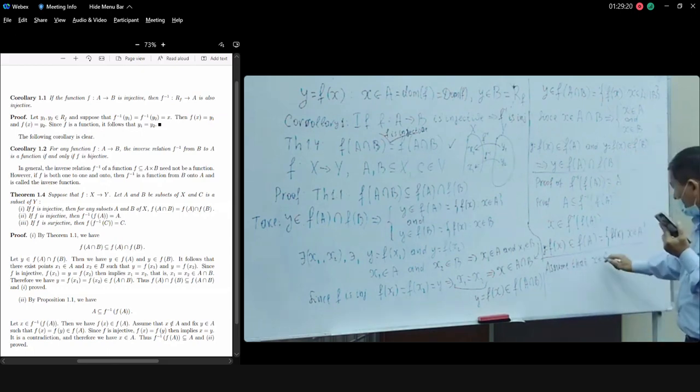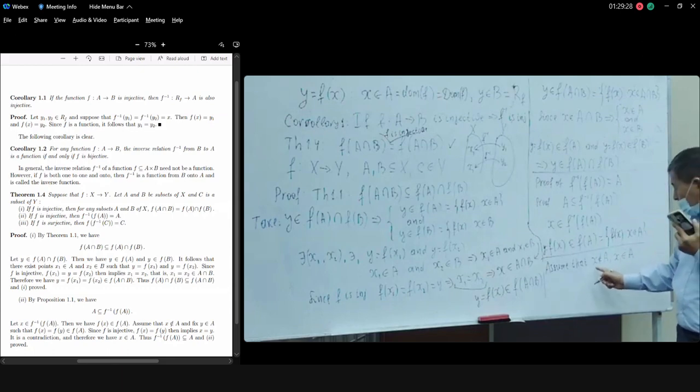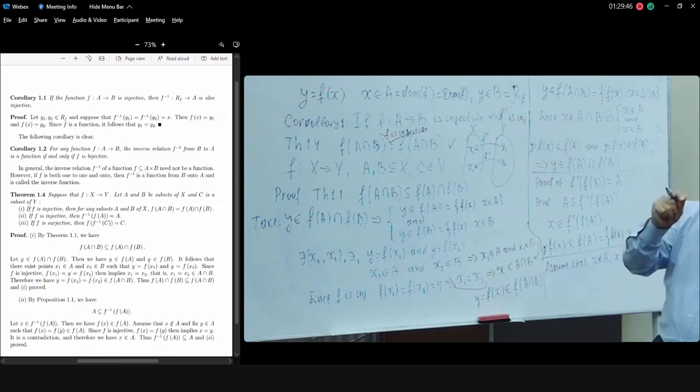Assume that x does not belong to A, but x1 belongs to A. So I will take one element outside of A and one inside of A. I'm taking two elements because here the injectivity is important. If I take two elements, then acting f on x from A.